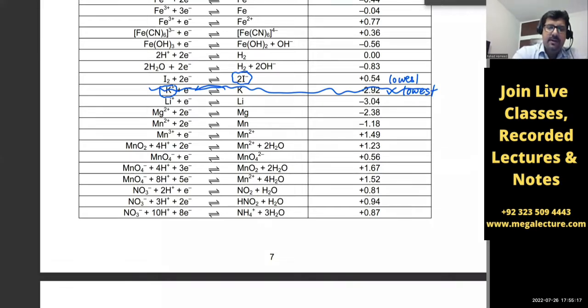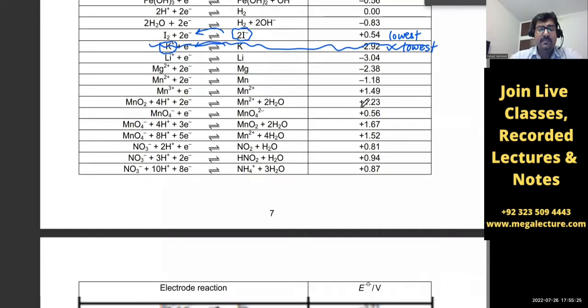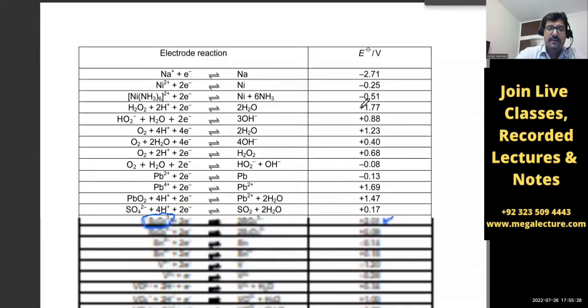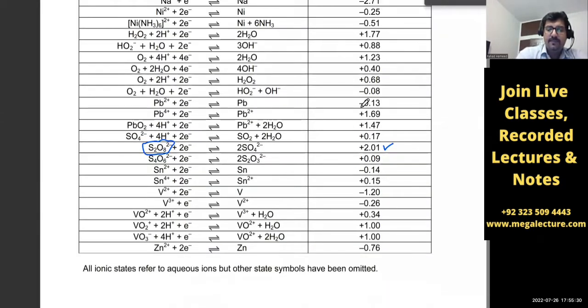The lowest is going to lose electrons, and I do have I minus 1, so that makes perfect sense. I minus 1 is the one that's losing electrons. Then who's gaining electrons? The one that has the highest potential, so the highest one is 2.01. That's the one that's going to gain electrons, and that's fine because I do have S2O8 2 minus.